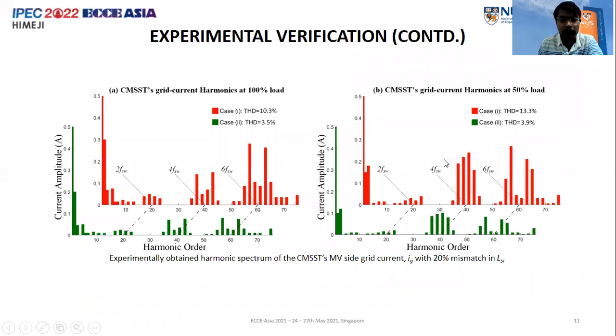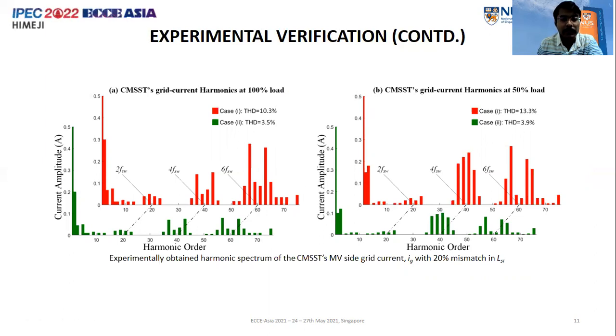So let us also look into the experimentally obtained harmonic spectrum. The red one shows before the power balance controller is activated, and the green one shows after. On the left is the 100% load scenario, and on the right side is the 50% load scenario.